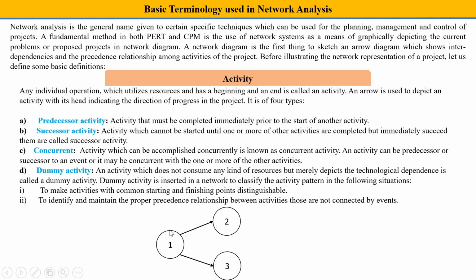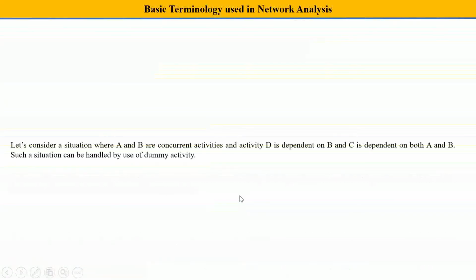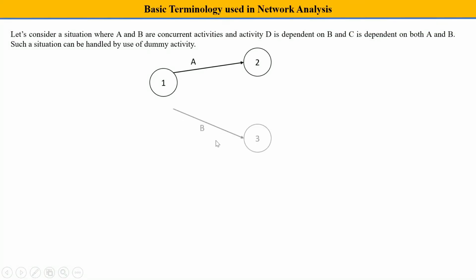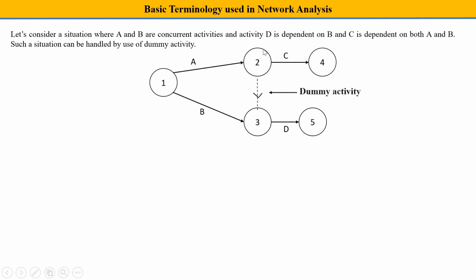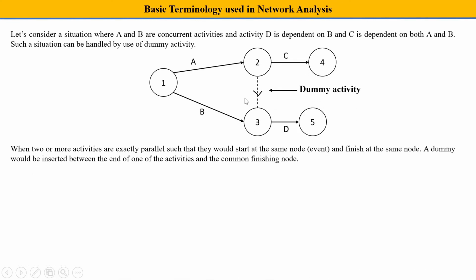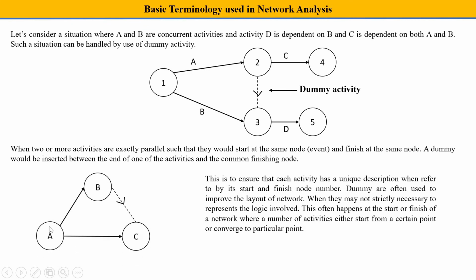So there is one event connected by two activities, two events. Then I have to connect 2 and 3, so I will put a dummy activity over here. It will not consume any resources, but it will provide completion of the diagram. It will be denoted by dotted lines. So these are some other examples of it. You can see if these two have not been connected, you can put a dummy over here. Same way, if A, B, and C were there, you can put a dummy over here.